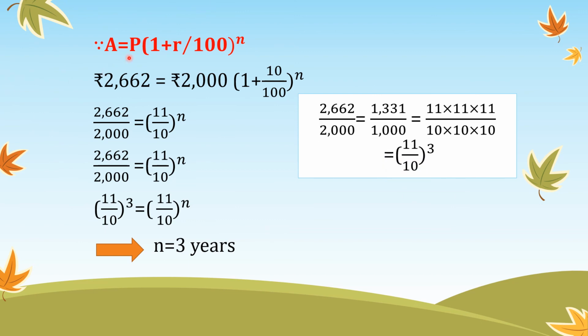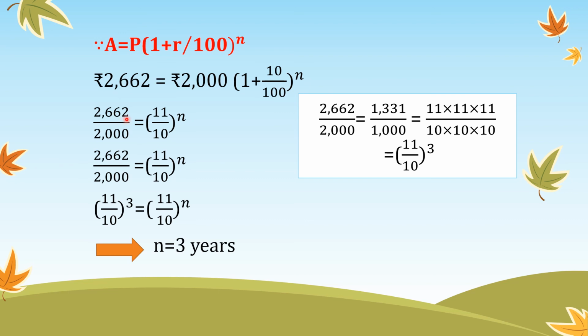The formula is A is equal to P into (1 plus R by 100) all raised to N. P is given, A is given, R is given, to find N. So 2662 is equal to 2000 into (1 plus 10 by 100) all raised to N.